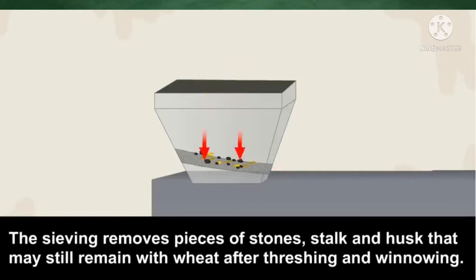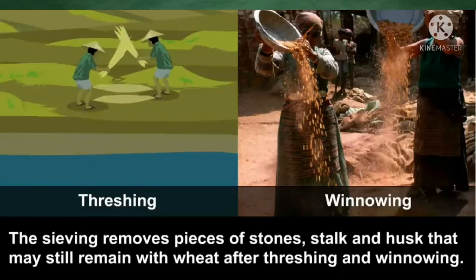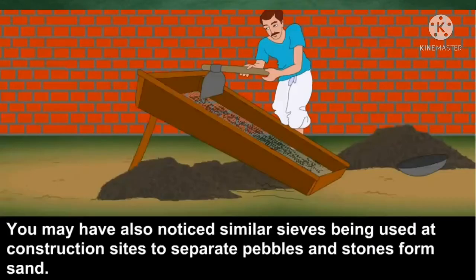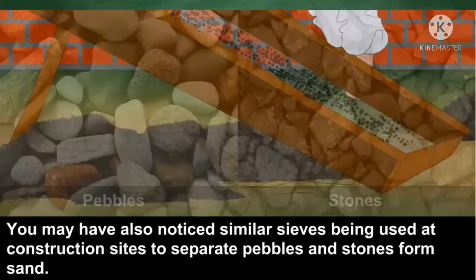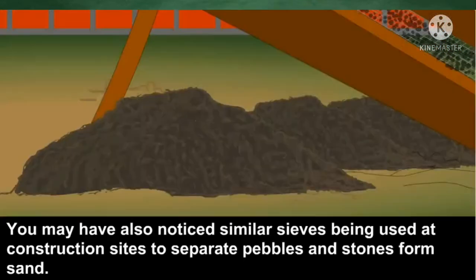The sieving removes pieces of stones, stalk, and husk that may still remain with wheat after threshing and winnowing. You may have also noticed similar sieves being used at construction sites to separate pebbles and stones from sand. Yes, you have? Very good.